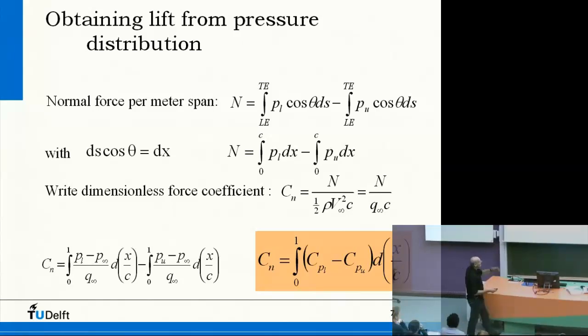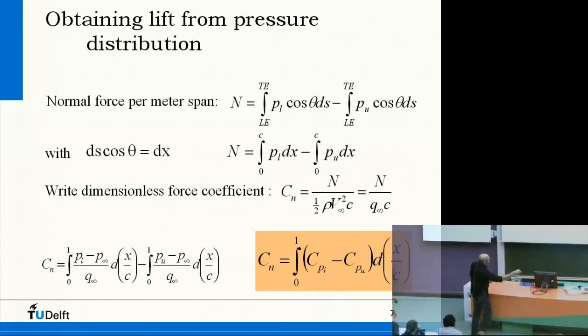And okay, we are used to using coefficients instead of forces. So we divide the normal force by half rho v squared times c times 1, because it's per meter span. So that's N divided by q infinity times c.